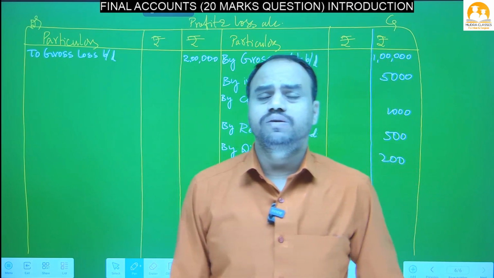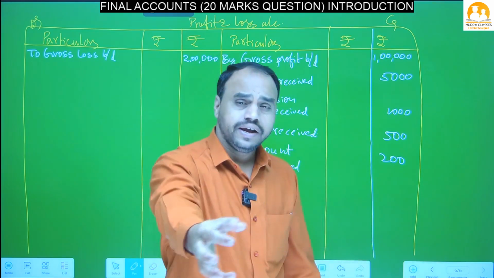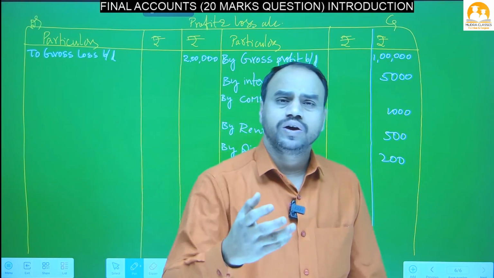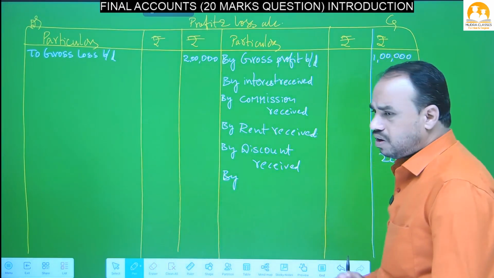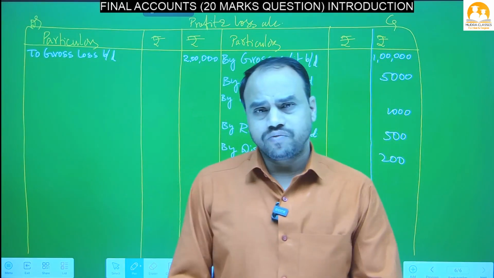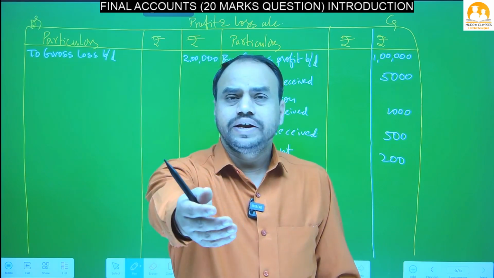Which type of incomes? Interest received, commission received, discount received, rent received. All receipts we write on the profit and loss account credit side. These all are incomes, and we can recognize them simply.